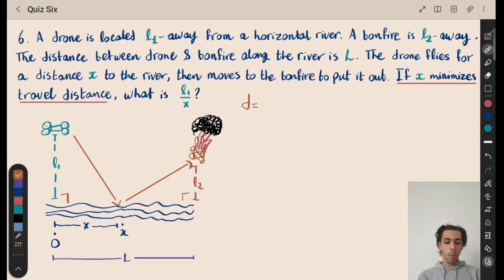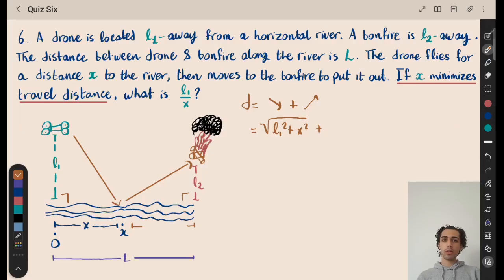But simply, this is a right angle triangle. And so this first distance, this first arrow, is equal to the square root of L1 squared plus x squared. If you've ever heard of the Pythagorean theorem, of course. That's the first arrow. And the second one is this distance.